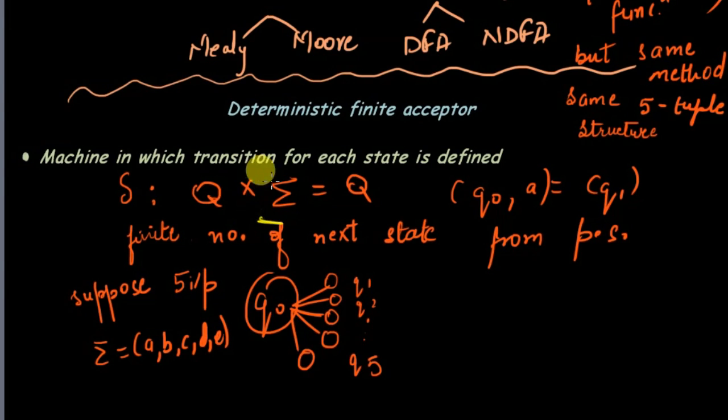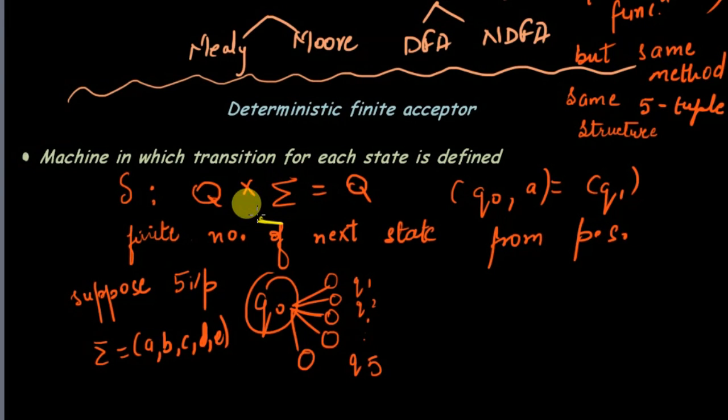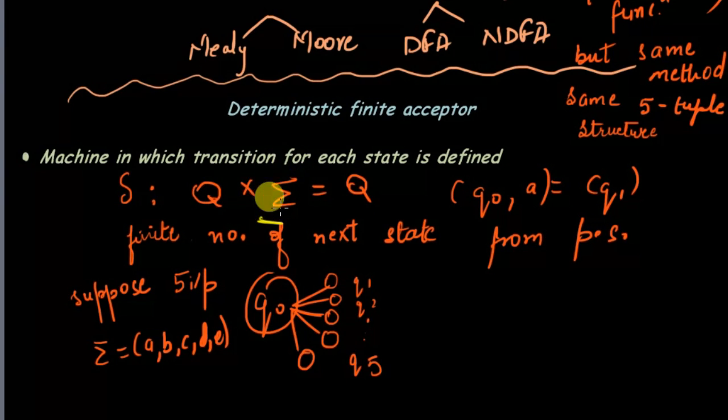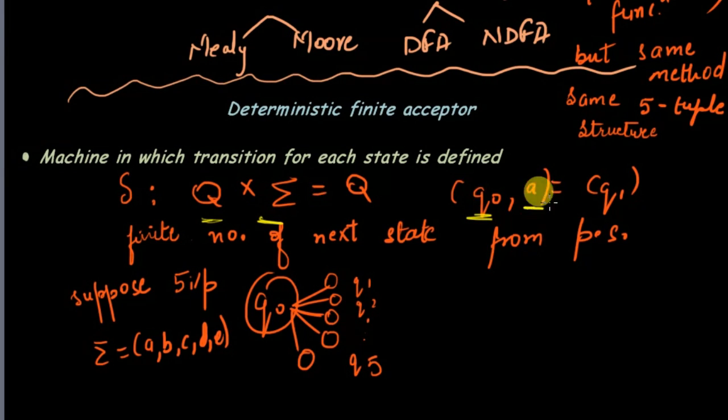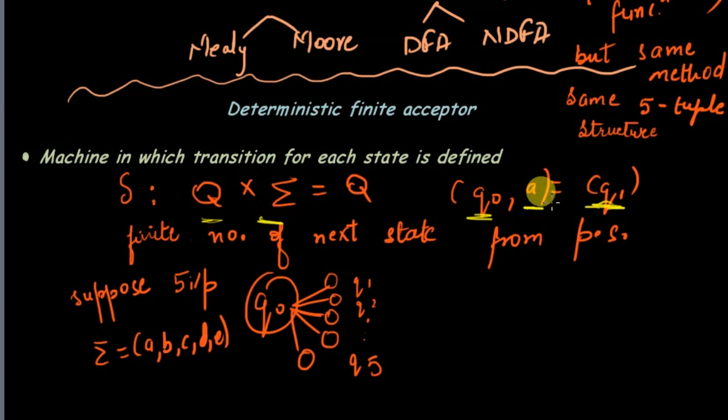This is the transition function: Q multiplied with the set of alphabet gives us Q, like this: Q0 belongs to Q, sigma is the set of inputs, and this gives us the next state. So the present state combined with the input gives us the next state Q1.